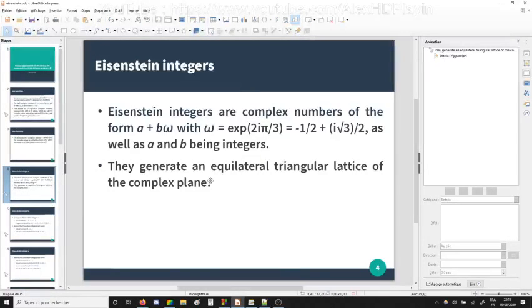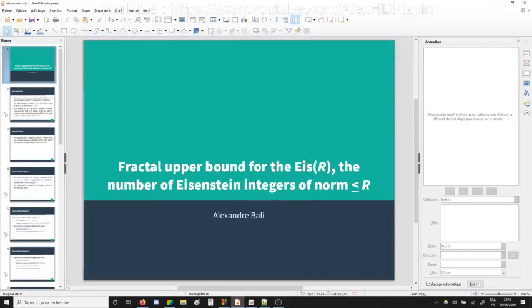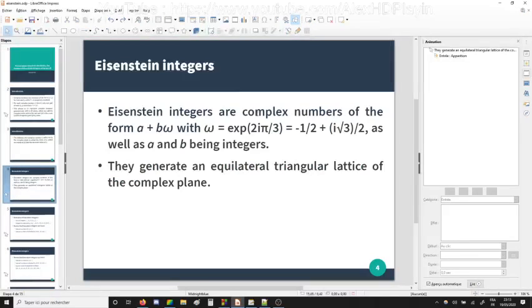So Eisenstein integers are complex numbers of the form a plus b omega, with omega equal to that thing, as well as a and b being integers. Of course, Eisenstein integers are not actually integers, despite their name.